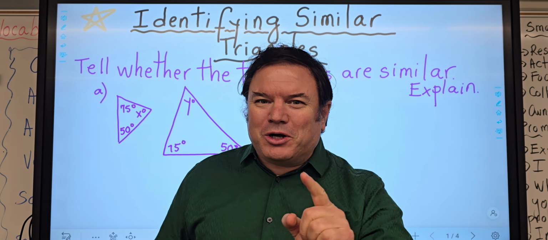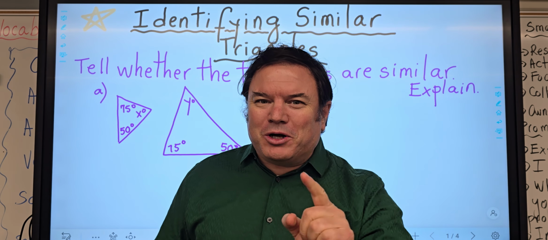Today we are going to look at identifying similar triangles. Similar triangles have something in common. Similar triangles have all their angles the same. Okay? All their angles have to be the same. Now, at least two of the angles in each of these triangles have to be the same.